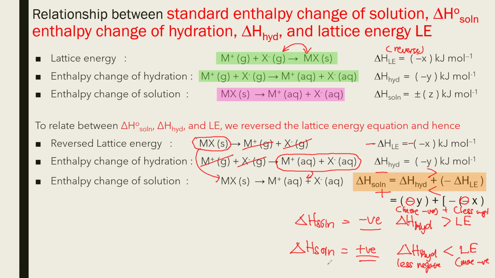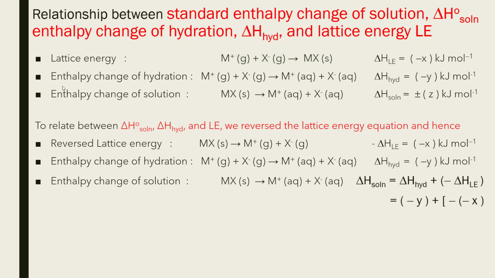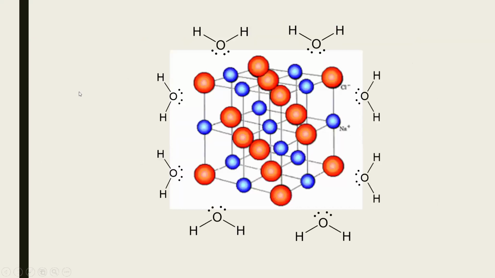Okay, so how are we going to imagine the relationship between the lattice energy and the hydration that cause the solutions in here? Now let's have a look at this diagram. In lattice energy, we are going to talk about the ionic bonding between the oppositely charged ions in here.